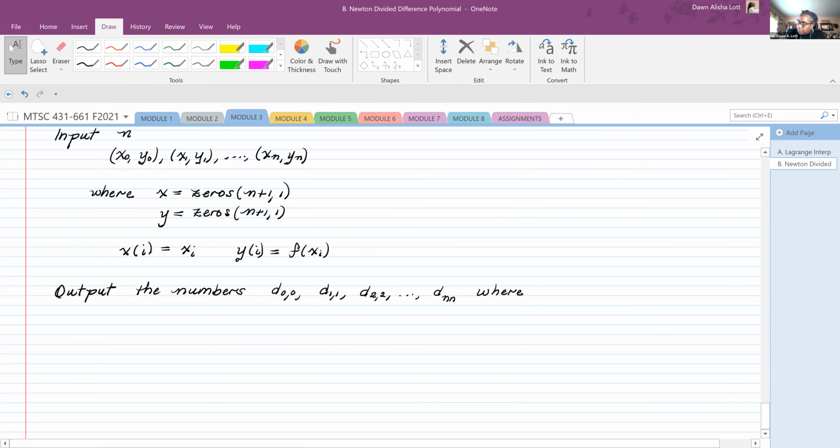Okay, where my Pn, this is my polynomial, is equal to D00 plus the sum from i equals 1 to n of Dii times the product from j equals 0 up to i minus 1 of (x minus xj).